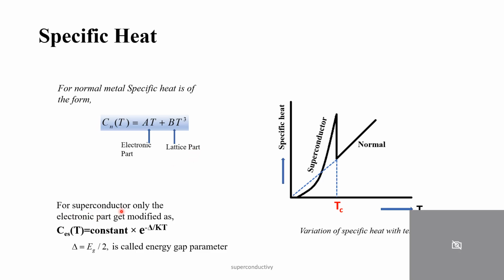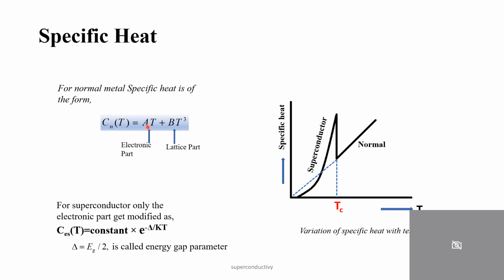In case of a superconductor, the lattice part does not get modified. Only the electronic part has a contribution, and this first part gets modified as Ces equals a constant multiplied by e to the minus delta by kT.